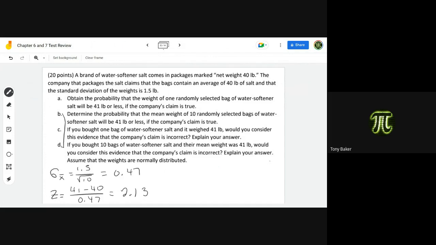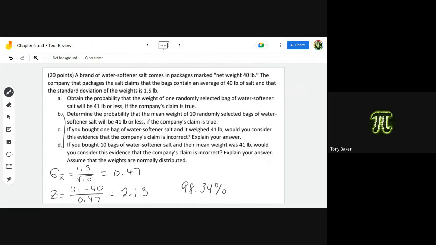So the percentage for 2.13 is 98.34. So 98.34% of the bags are 41 pounds or less.